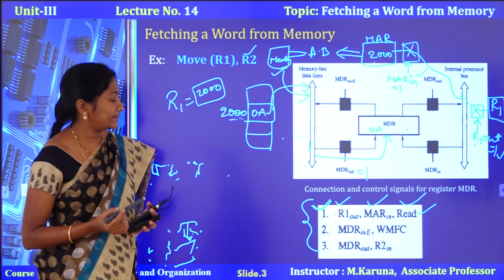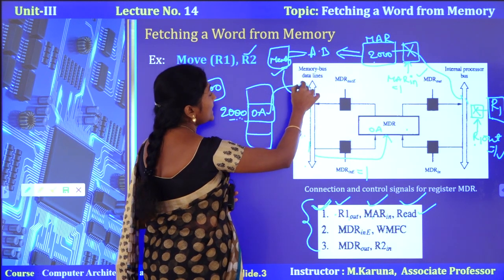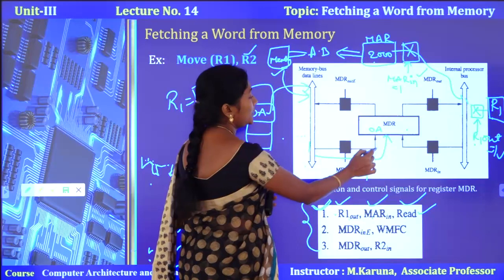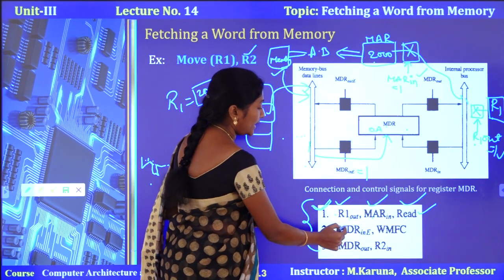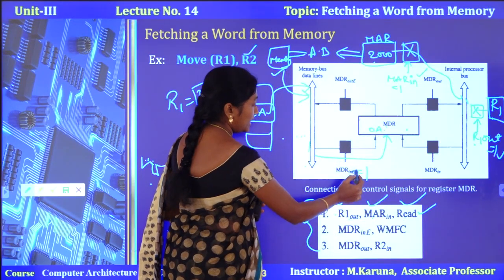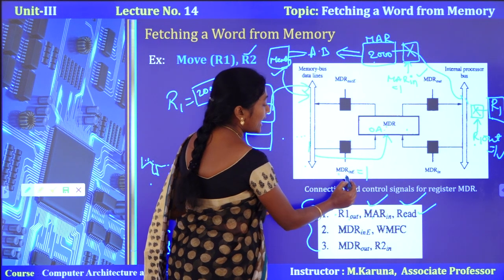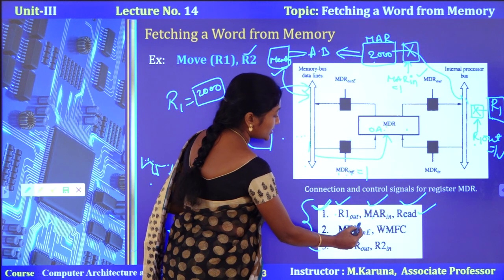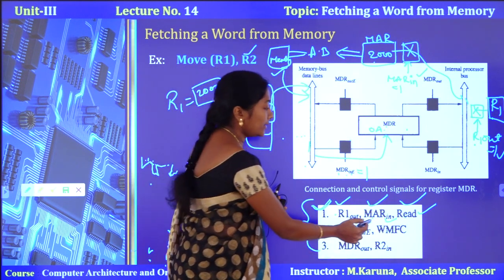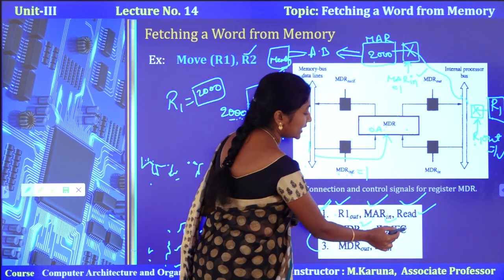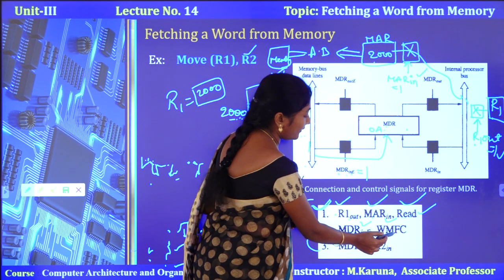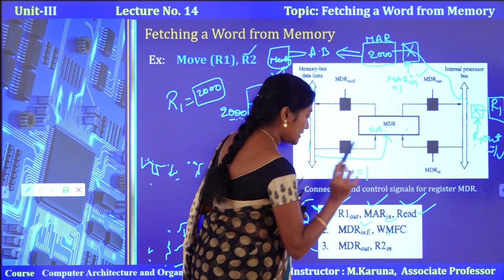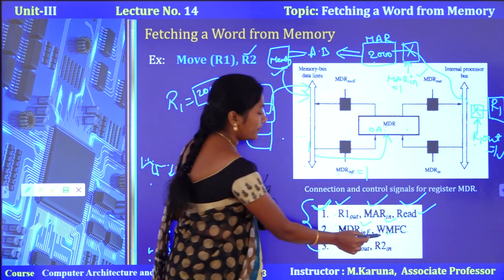Next, at that address the memory places the data on the external bus. That data will be transferred to the MDR by enabling MDR in E external equal to 1. After issuing the read signal, the processor enters into waiting mode for the memory function complete control signal coming from memory.